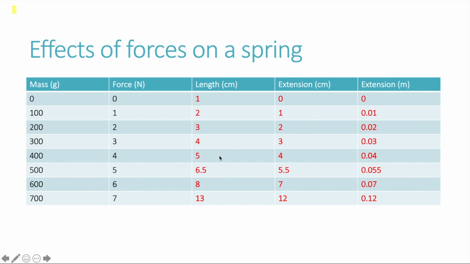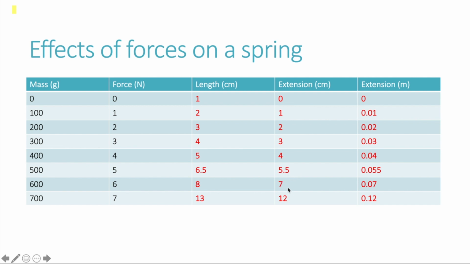this point here, when we add an extra 100 grams from 400 to make it 500, now the extension isn't a 1 centimeter increase, it actually increased by 1.5 centimeters. And you can see that from 500 to 600, again, instead of it going up by 1 centimeter, it actually went up by 1.5 centimeters.